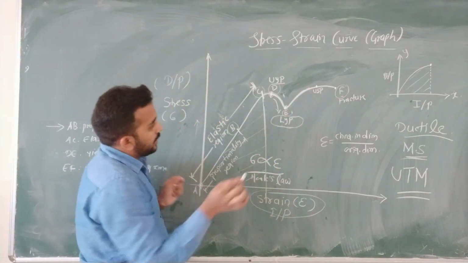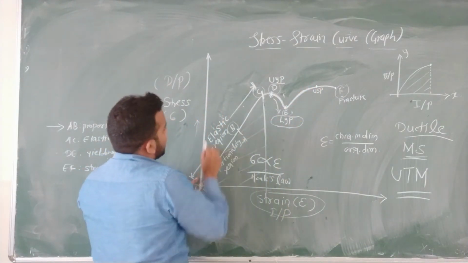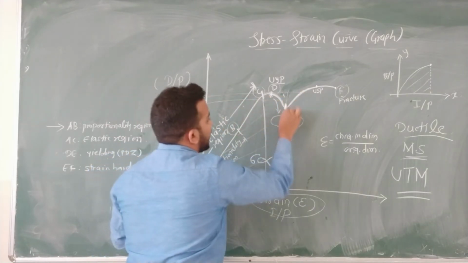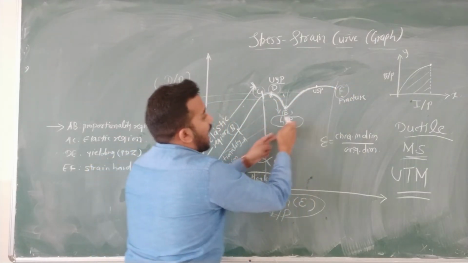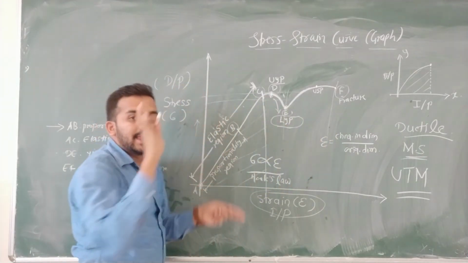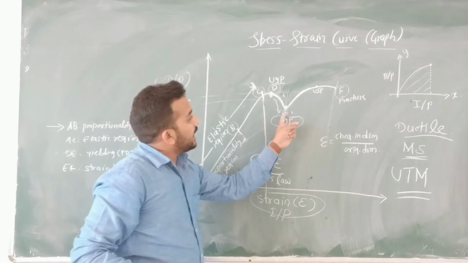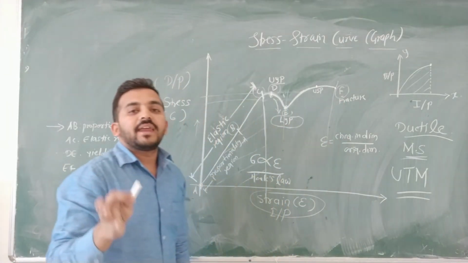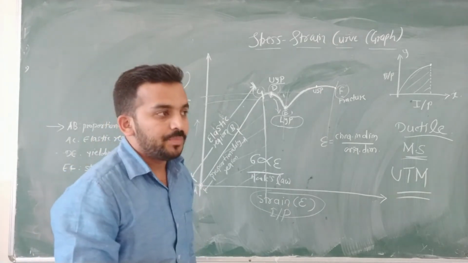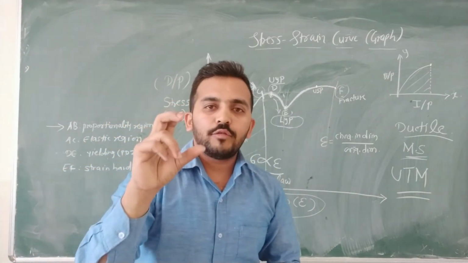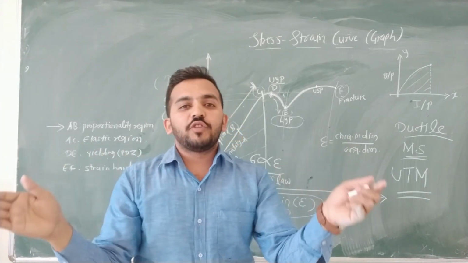But now look over here, the stress is increasing in a very low quantity, but strain is increasing by a very high amount, a very large strain for a very low amount of stress. Therefore, the region EF is called the strain hardening zone. What is the strain hardening zone? For sustaining even a small amount of load, there is very large deformation.